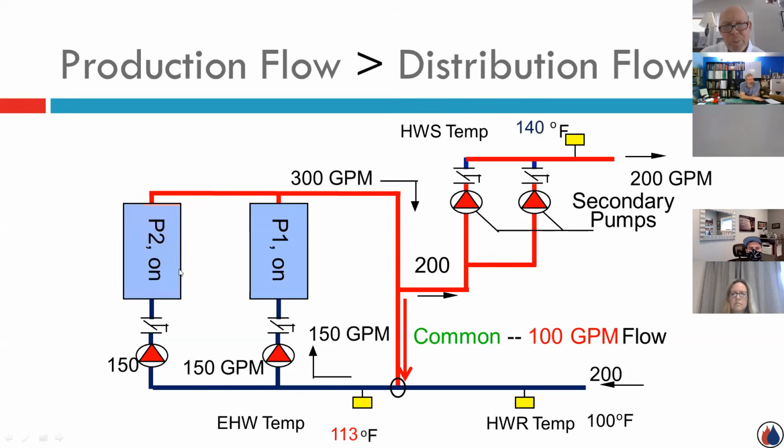So the second boiler comes on. Now I have 300 gallons a minute because they're fixed flows. I take the 200 to the secondary, which satisfies the energy management system. But look what I'm doing on the common pipe. I am now over pumping on the boiler plant. So I'm taking that 140-degree water and I'm mixing it with 100-degree water. All of a sudden, I'm elevating my return.